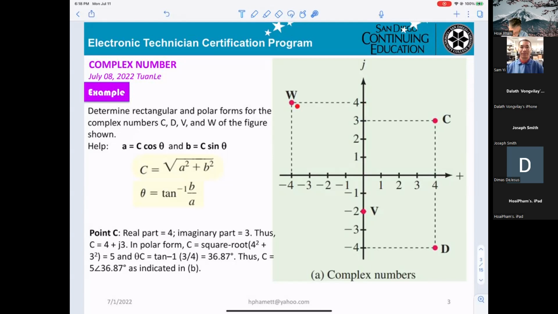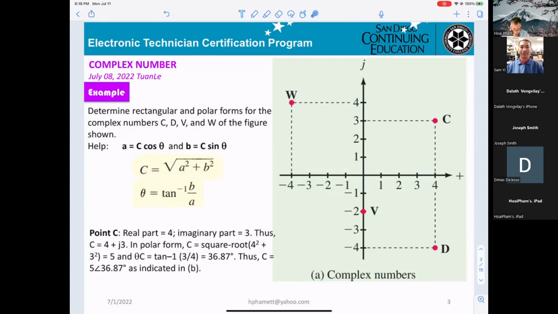For the real, you go down, you get -4. Okay, so I'm looking at the wrong one. The -4 is for D, not for W. I see what it is now. It's -4 plus J4 because W intersects the +4 on the y-axis and the -4 on the negative x-axis. I see. Okay, I got it.